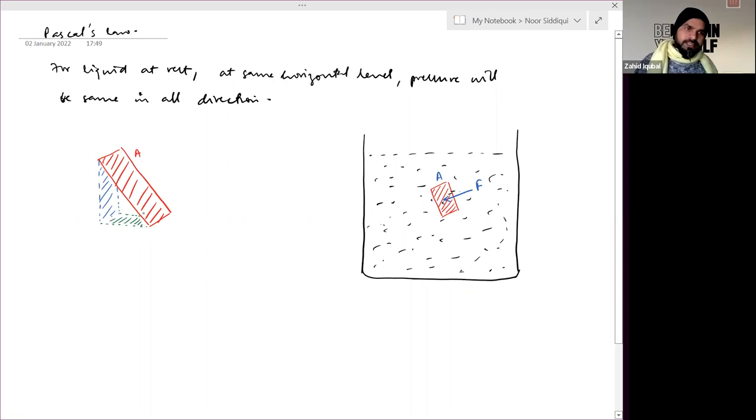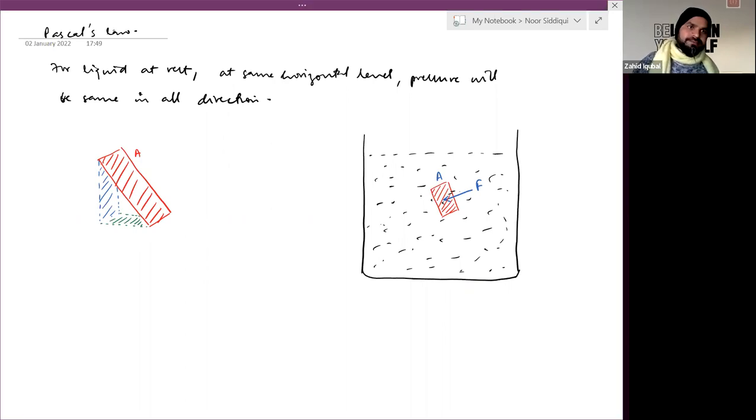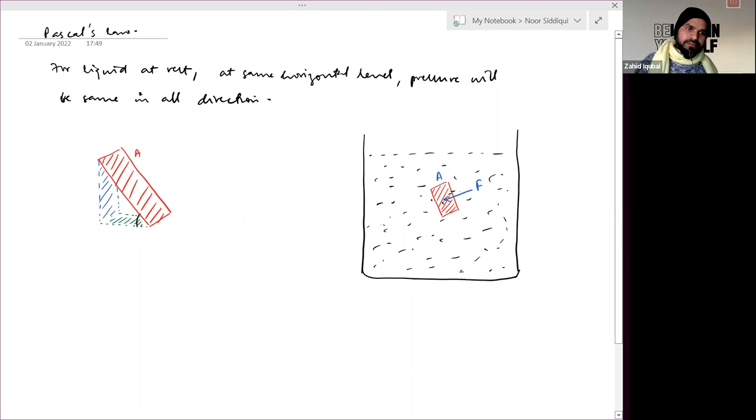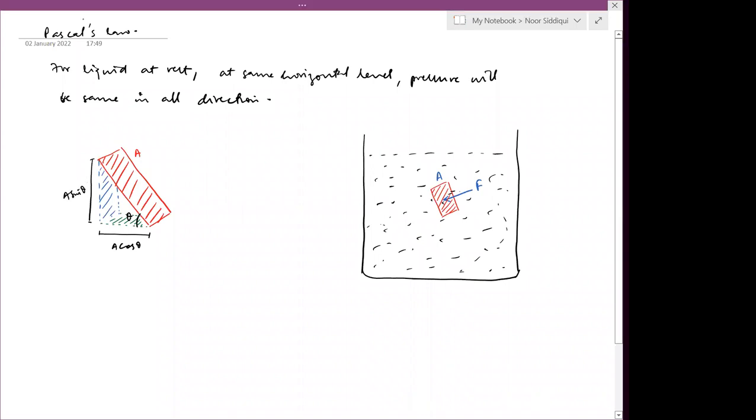Let's say this particular inclination is theta. So this A will have two components. One will be adjacent to its base, from this point to this point, A cos theta, and one will be perpendicular, from this point to this point, A sin theta. Noor, is it clear? Yes, sir.